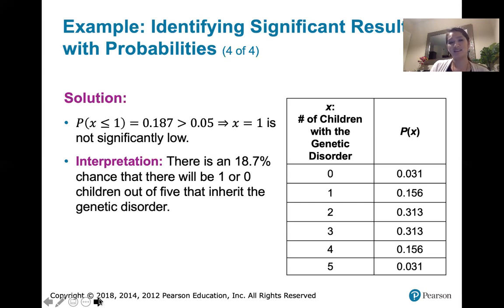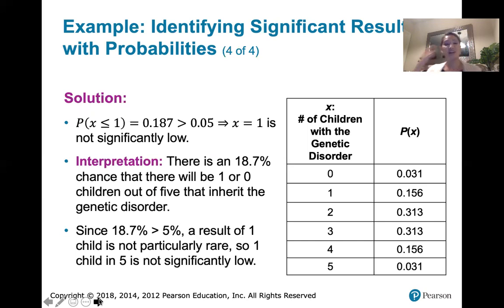Now 18.7% is greater than 5%. That's not particularly rare, and we're going to say that an event is rare if it has a probability that's less than or equal to 5%. So this probability is definitely greater than 5%. So the event of getting 1 child in 5 is not considered to be significantly low using this method.